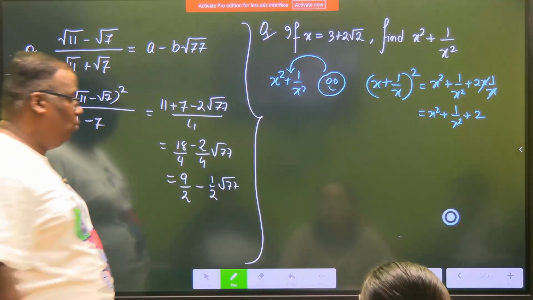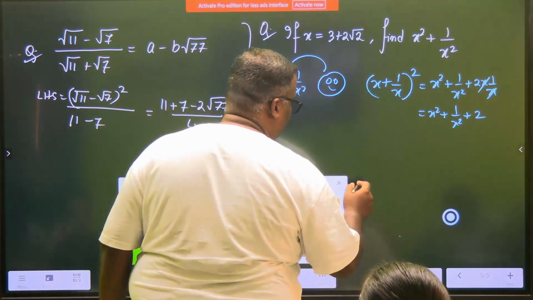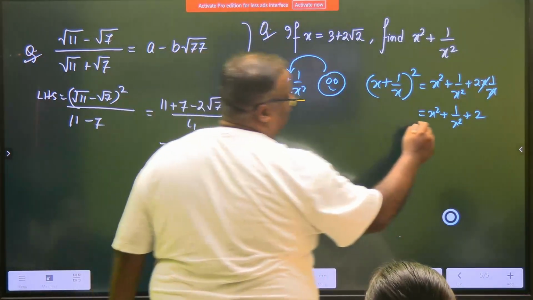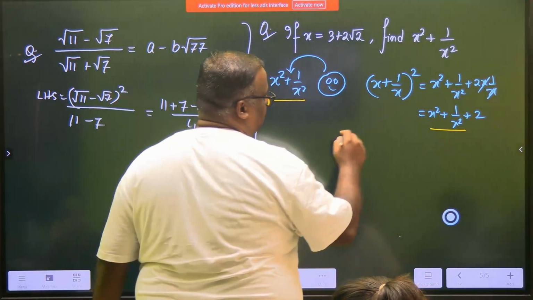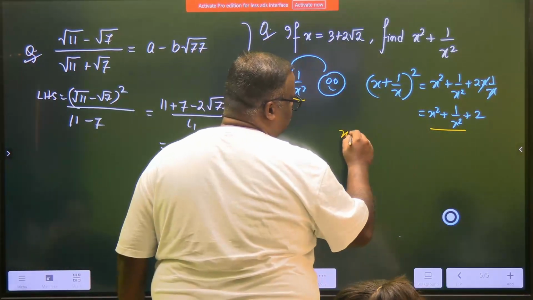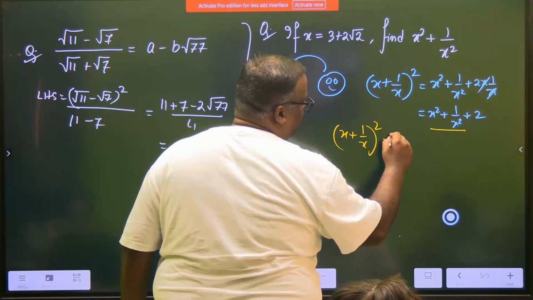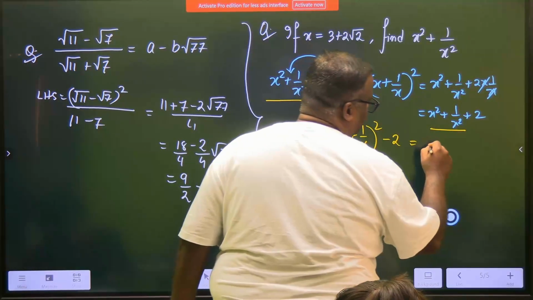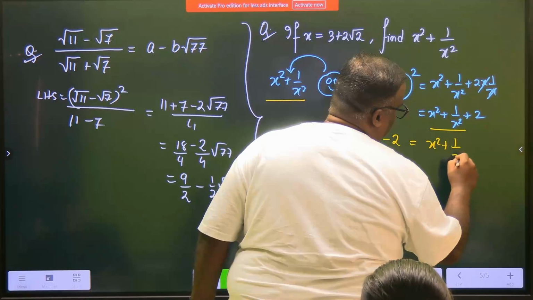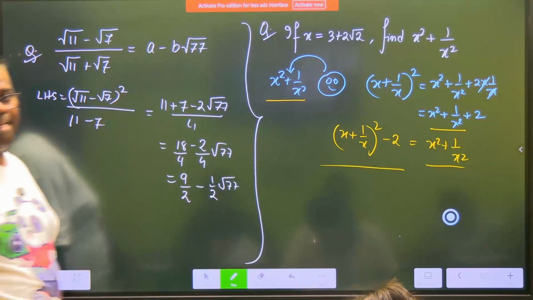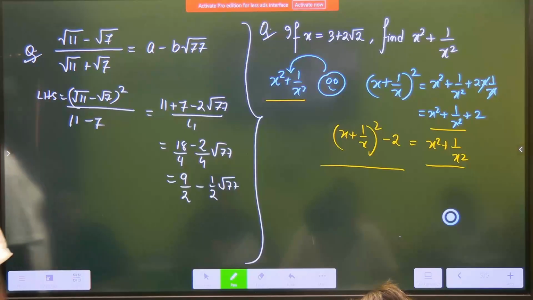Right? What have you been asked to find out? You have been asked to find out the value of this. That is this. And this cannot be directly found out. So we will actually find out what is x plus 1 by x whole square minus 2. This is nothing but x square plus 1 by x square. So by an indirect method, we have to solve this actually. समझ में आया?